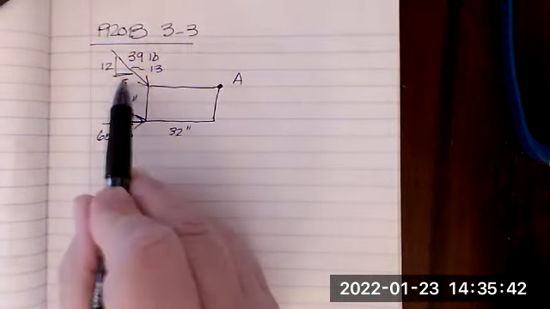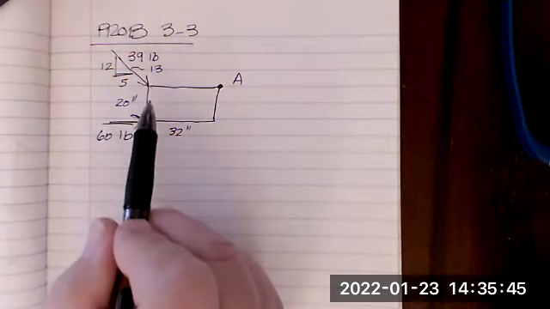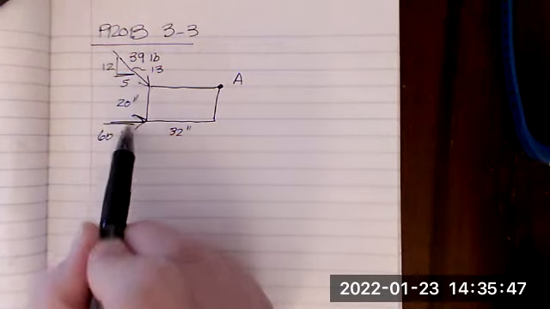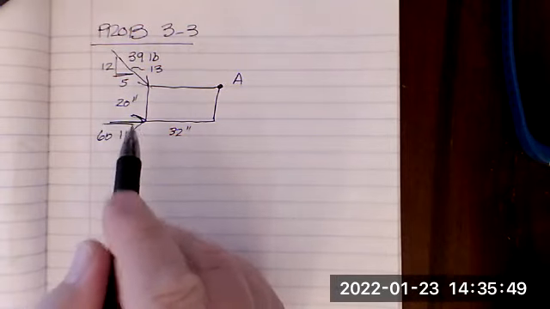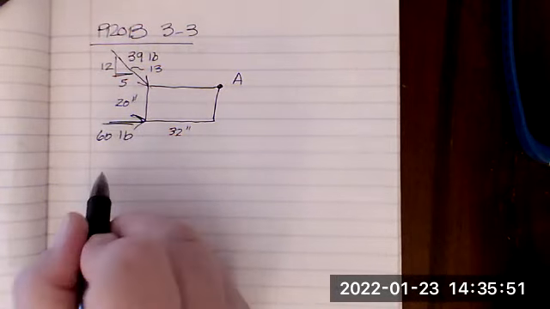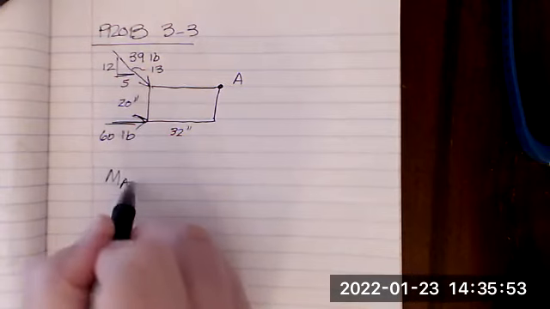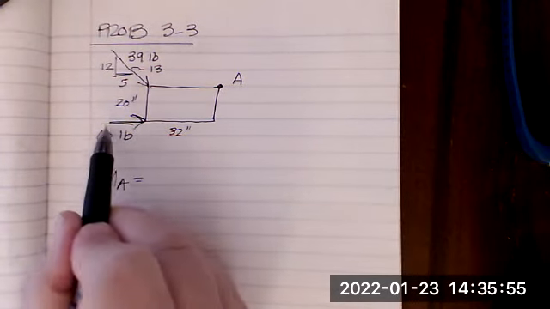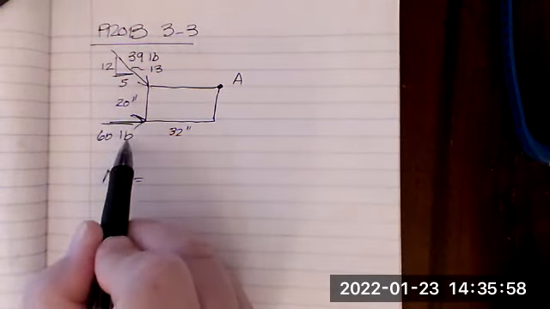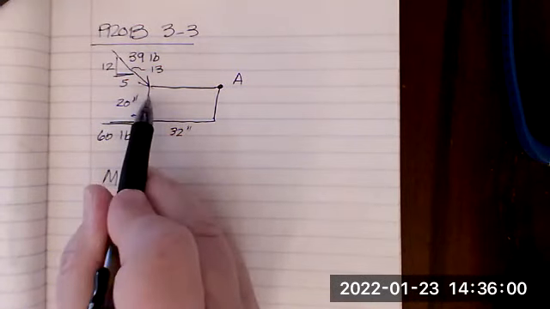We have to find the components for this force, and we only have a horizontal force here. So the moments about A equals the 60-pound force times this moment arm of 20.